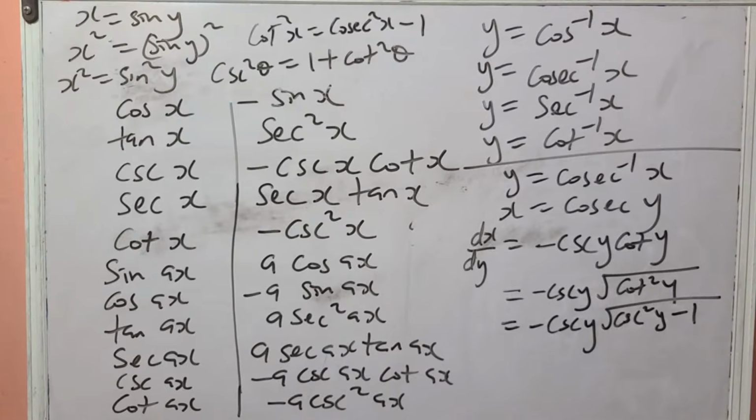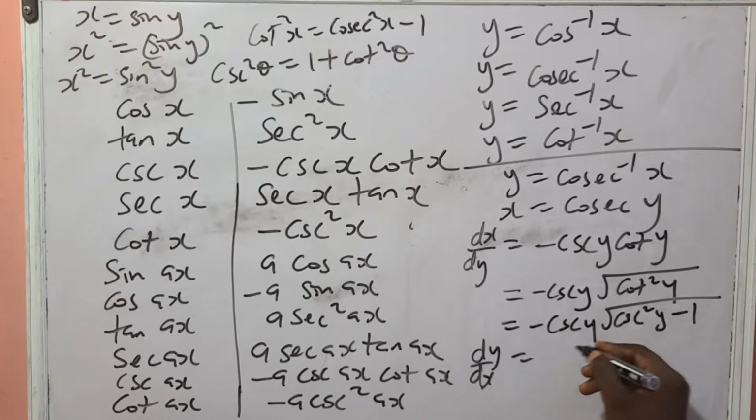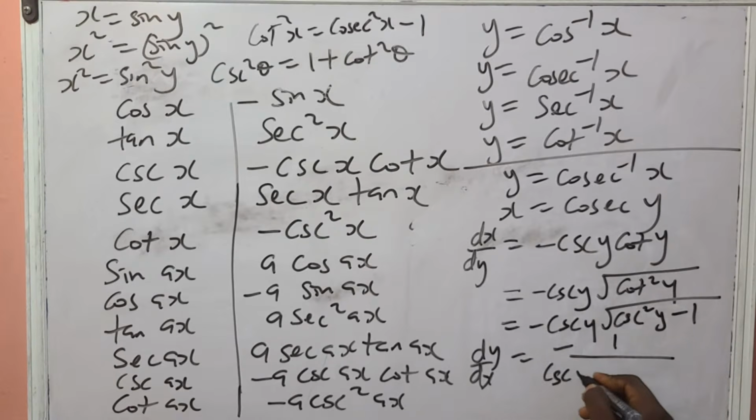This is my answer, by the way. This is the x over the y. So the y over the x will be equal to, of course, minus 1 over cosec y square root of cosec square y minus 1. This is just based on what you can see.